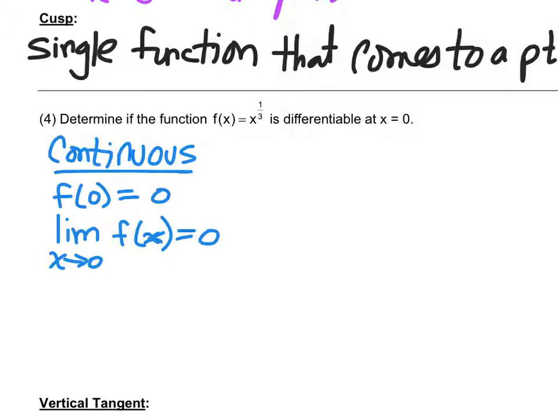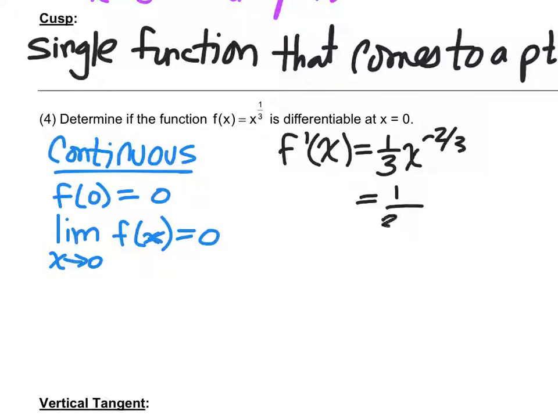When I take the derivative, f prime of x, what do I get? Negative 2/3. All right, so you carry out the algebra in this, you rewrite it as 1 over 3x to the 2/3. You can see it's pretty much the same structure.